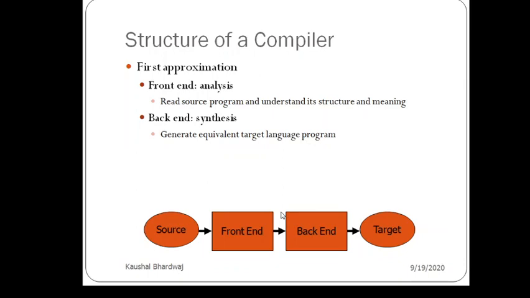This intermediate representation can be a tree structure. Generally it will be a tree, and this will be given as input to the backend synthesis part. It will use this intermediate representation and convert it into the target program. So this compilation process is very simple.